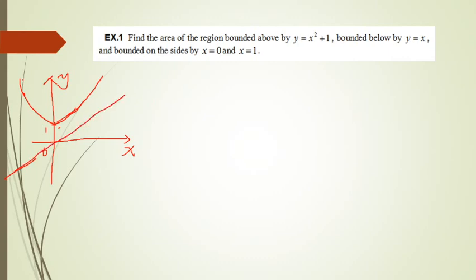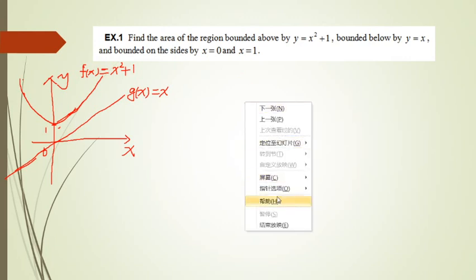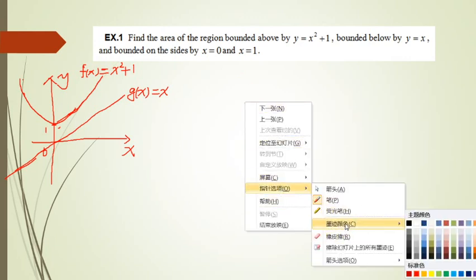From 0 to 1. So now let me give the function first. This is my f(x), the top. You can see that f(x), x squared plus 1, is the greater one. And then this is my function g, actually, right? Function g is x. Now let me use a different color to shade the region.